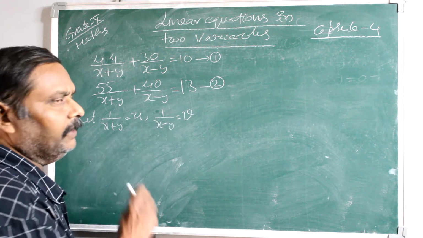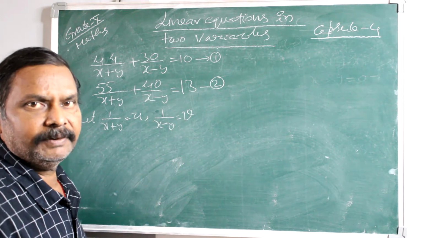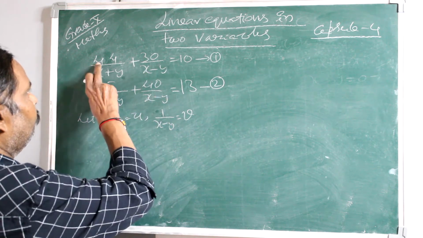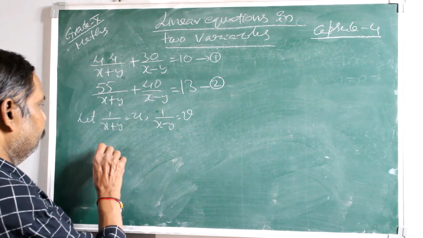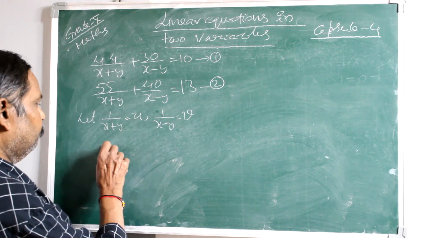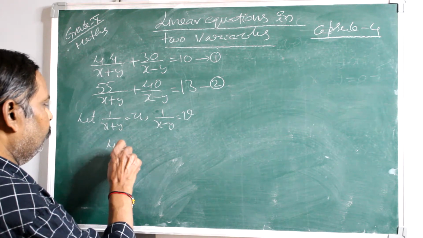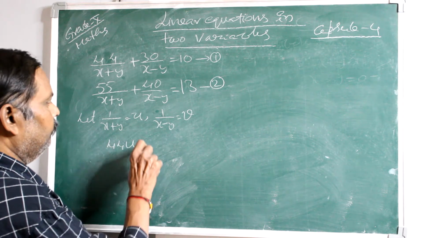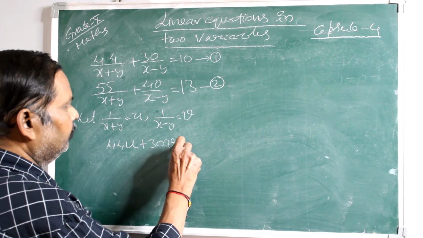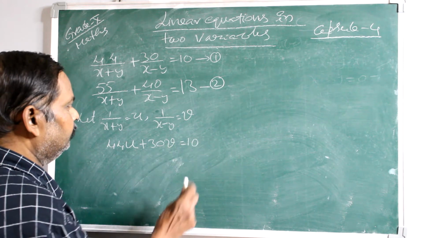Not only u, v, you can take a, b, any symbol. Substitute these two values here. So 44 by x plus y is nothing but 44u, so it is 44u plus 30v is equal to 10.